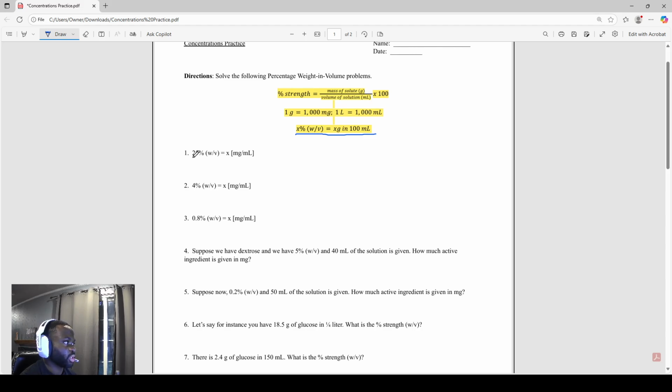So it tells us 25% strength, weight and volume solution is going to equal how many milligrams per milliliter. So we have this formula here that tells us that a 25% solution is going to equal that same 25, that same percentage or that same X value over 100 milliliters.